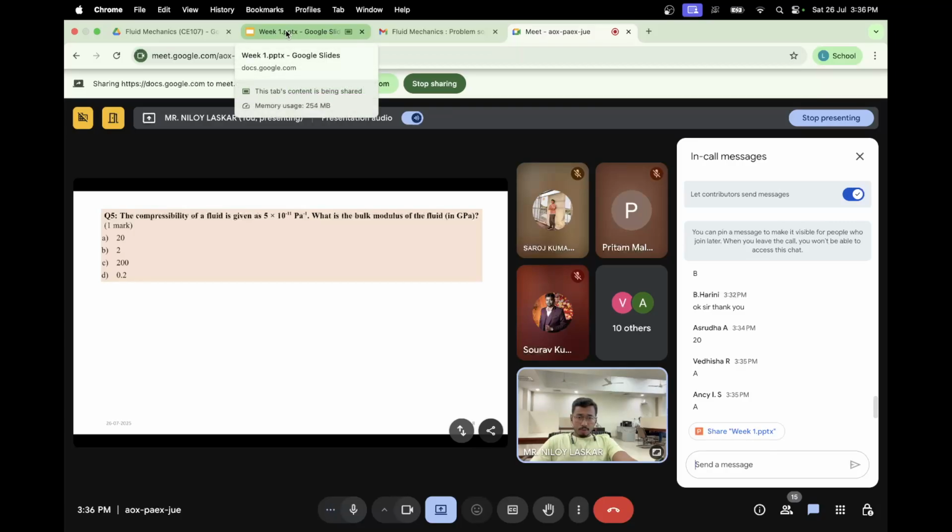So let us solve this question. I think that many of you haven't studied this concept of compressibility and bulk modulus. Okay, we are solving.